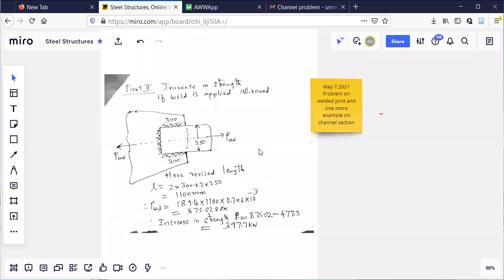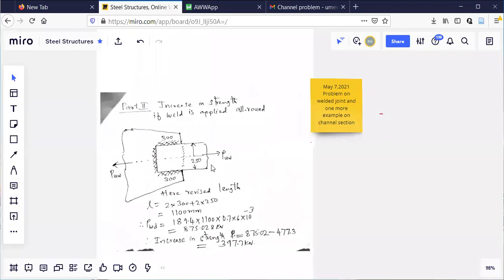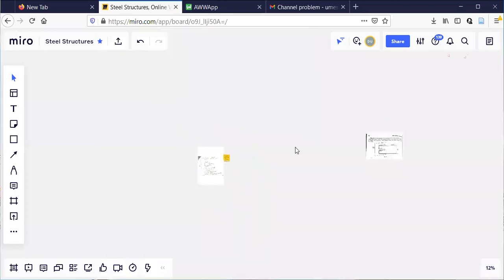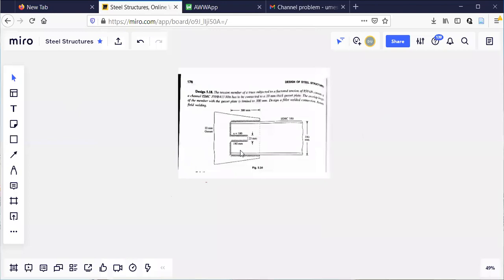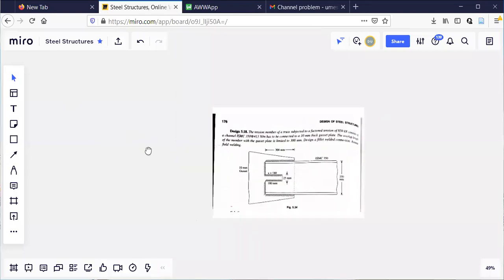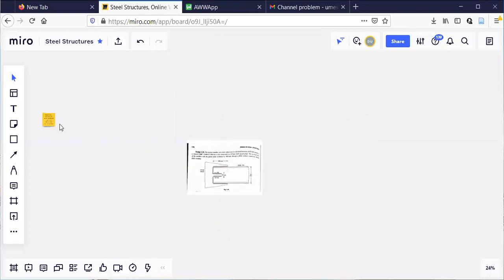I have not solved it. You have to solve it here only. In 10 minutes, one can easily solve the problem. You can see this one here.